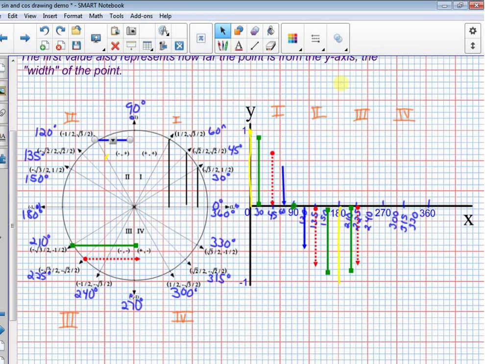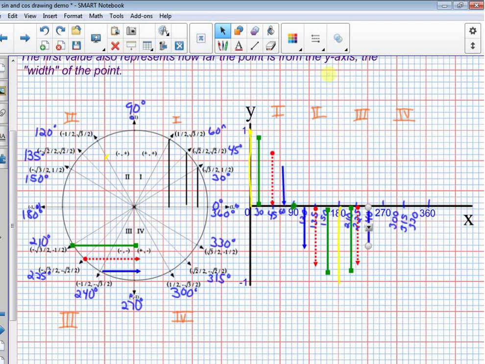And then this last x-coordinate of -1/2 for 30 degrees. We'll just clone one of those. And bring that to 240.